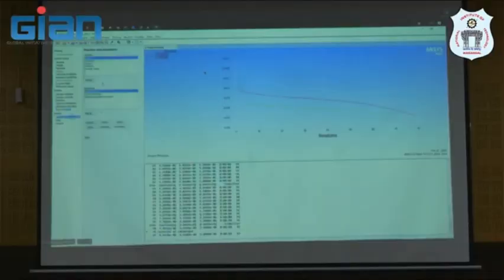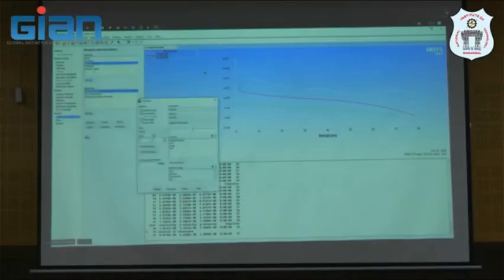And we can check the result. What's the difference between these two simulations? Here is the result and we can plot.